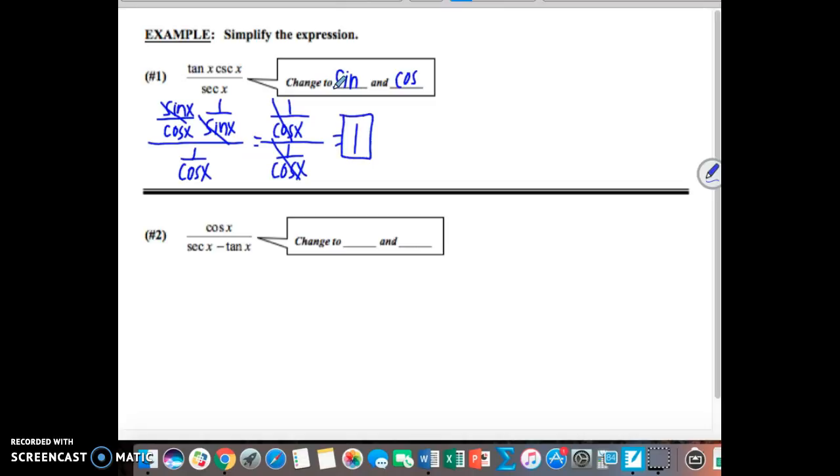Number 2 is cosine of x all divided by secant of x minus tangent of x. So let's again try changing each term to sine and cosine. Obviously cosine of x we're going to leave alone, so the numerator stays cosine of x. Secant of x can be rewritten as 1 over cosine of x, and tangent of x can be rewritten as sine of x divided by cosine of x.